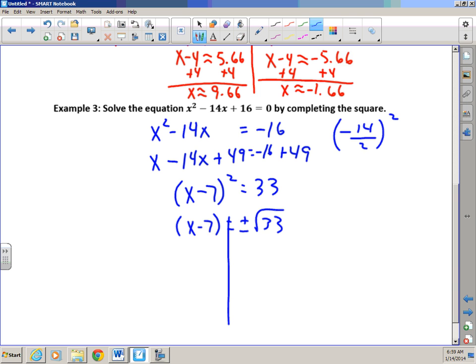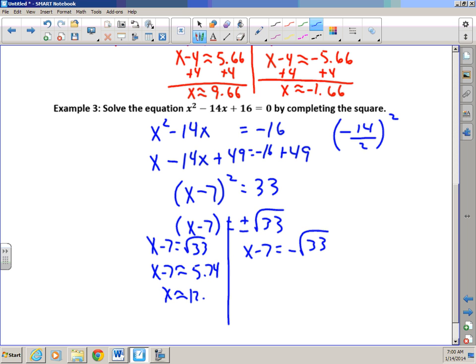I divide this into two parts. 0.74. So x is approximately 12.74. X is approximately 1.26.